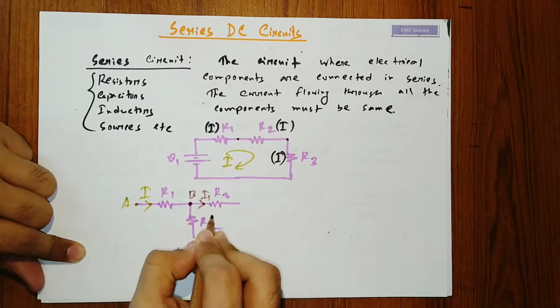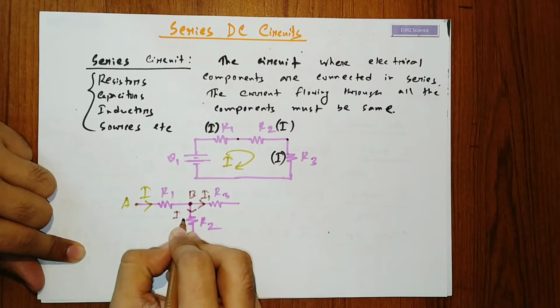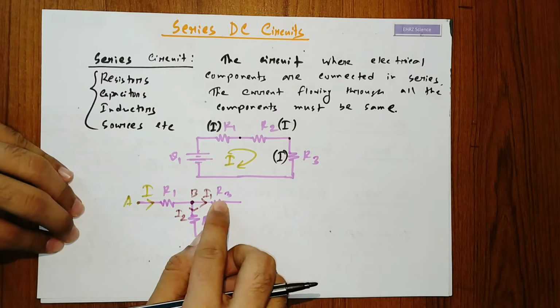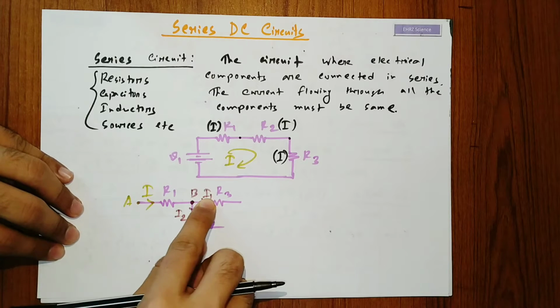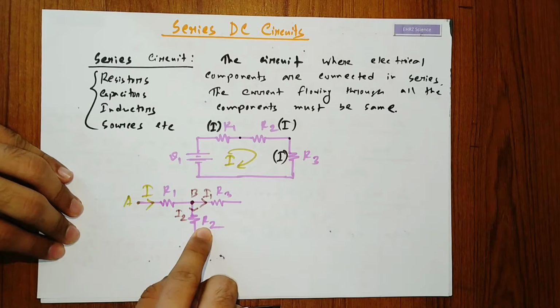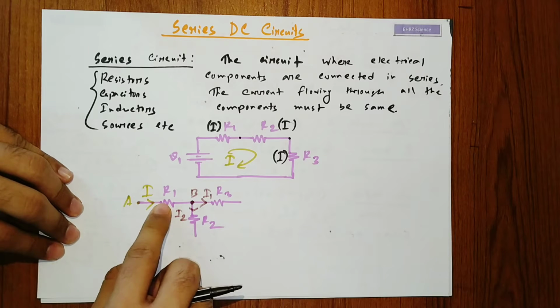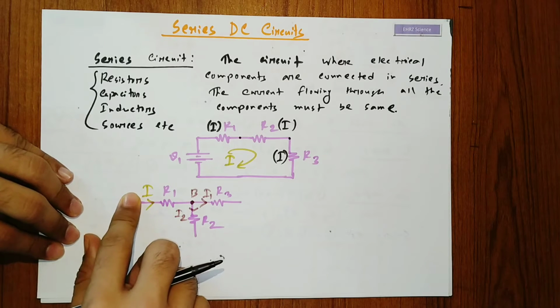See, here I1 and here it is I2. So in resistor R3, the value of electric current is I1, and in resistor R2, the value of electric current is I2. But in resistor R1, the current is I.